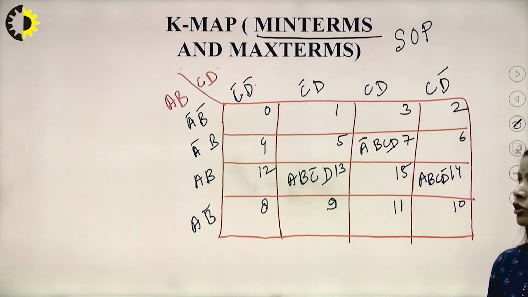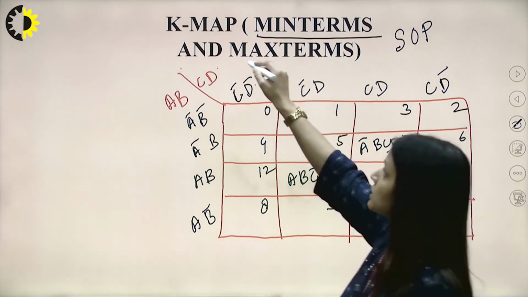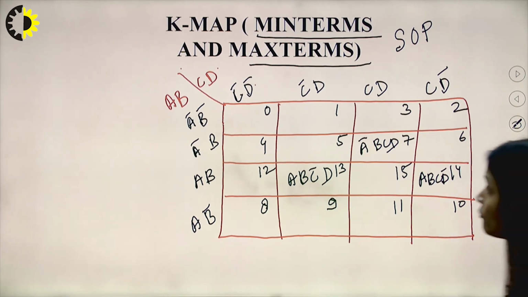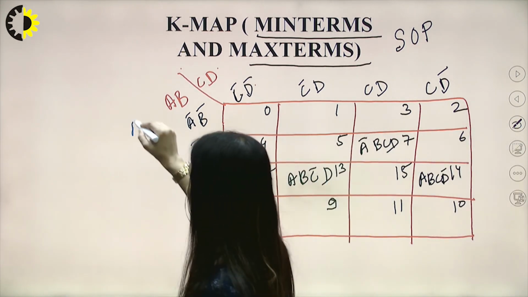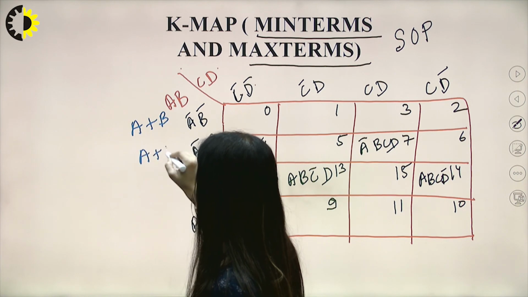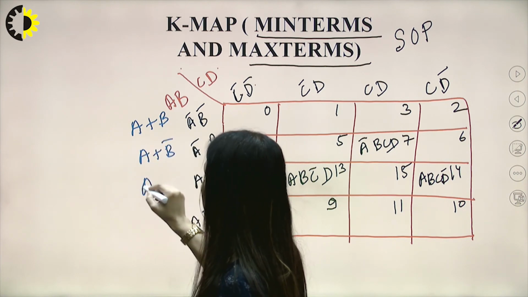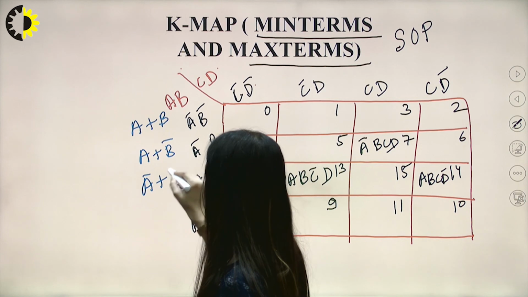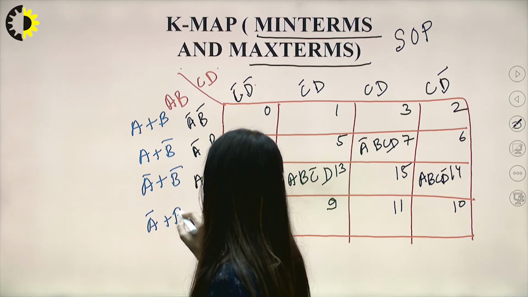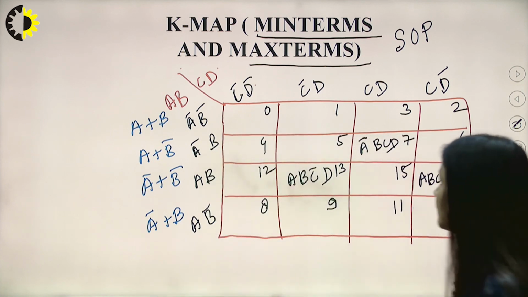Similarly, if I want to make it for the POS in terms of max terms, what should I do? For max term it will be A plus B, A plus B bar, A bar plus B bar, A bar plus B, right?